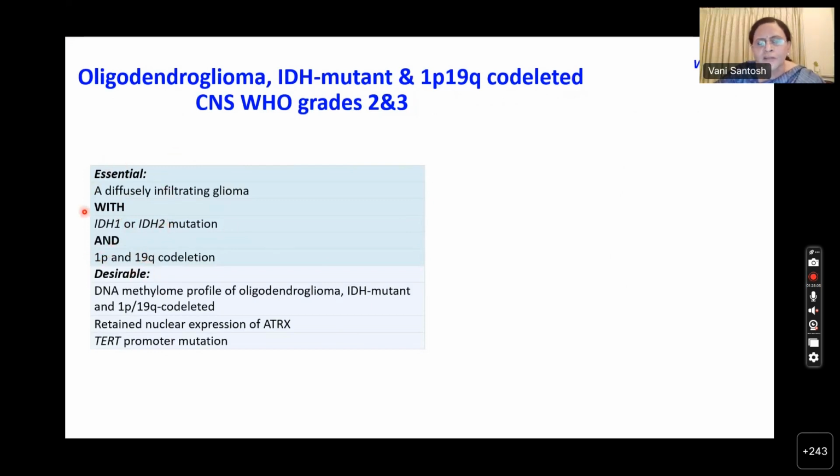So you should have this to make a diagnosis of oligo. All others are desirable. Showing retained nuclear expression of ATRX and P53 negativity, TERT promoter mutation, all that helps in making the diagnosis. But they're not essential diagnostic criteria as per WHO CNS 5.